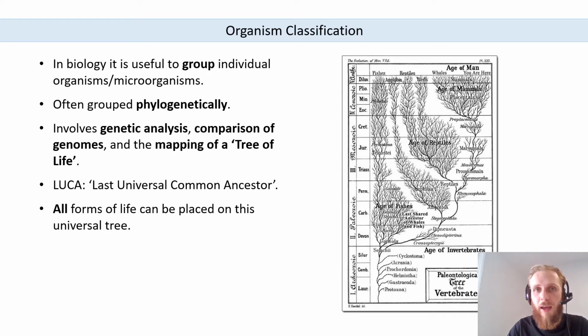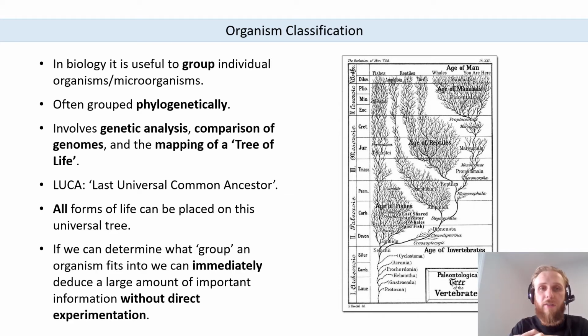Obviously it's long dead in terms of evolutionary history, so it doesn't exist as a distinct species anymore, but the point is that all currently extant, so living, species are evolved descendants of this last universal common ancestor, and that's why all different life forms that we currently know about, at least, can fit onto this single tree of life, because they are all descended from this last universal common ancestor.